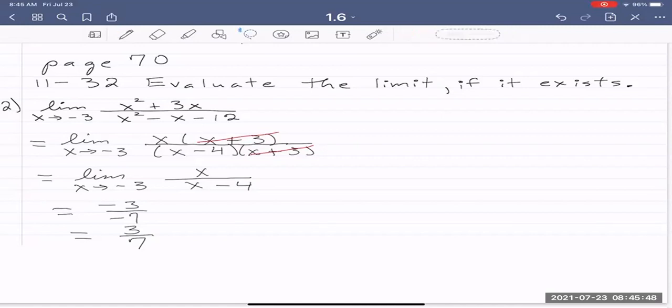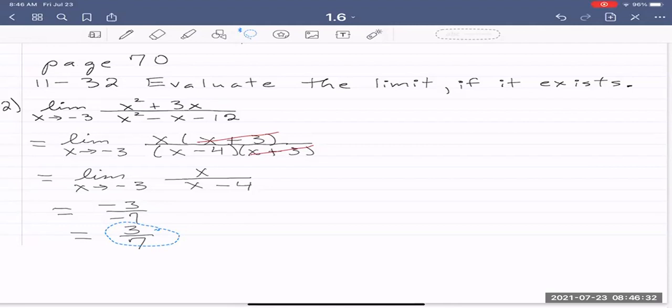Notice, I write the limit up until the time that I plug in -3 into the expression and get a result that makes sense. 0 over 0 doesn't make sense if I would have tried to plug in -3 here. But 3 over 7 is a nice number. It makes sense. Any questions about that? Any questions?